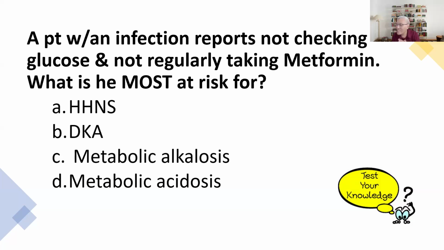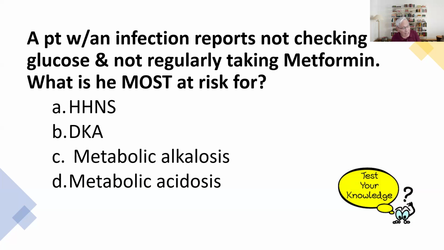You remember who is taking metformin? Type 1 or type 2 patients? Type 2. You remember, HHS doesn't happen in type 1 diabetes mellitus. It happens only in type 2. Okay. So this was tricky.